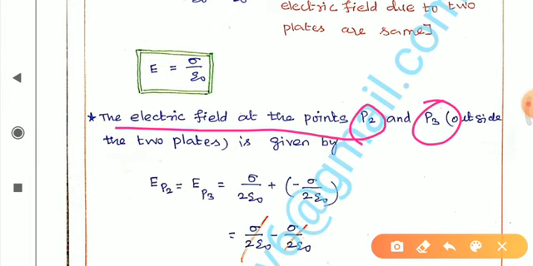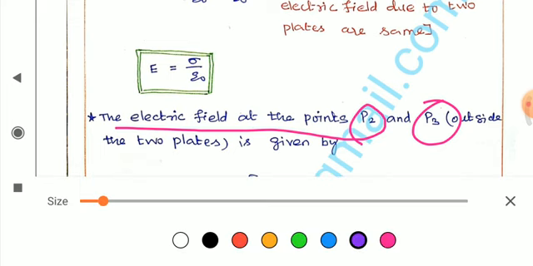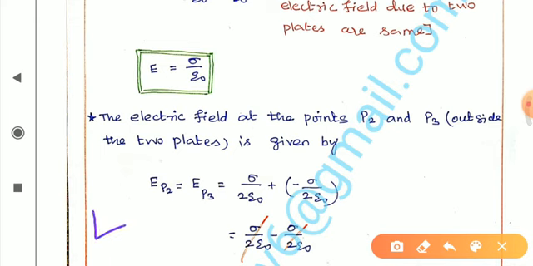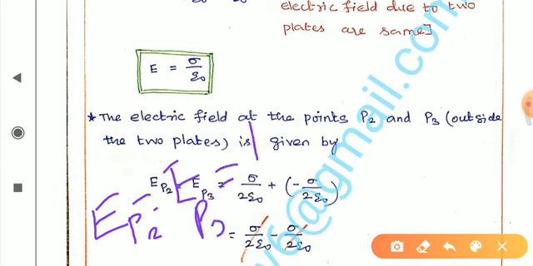It is given by E at P2 is equal to E at P3 is equal to sigma by 2 epsilon naught plus or minus sigma by 2 epsilon naught. Otherwise, we can write one more step here, that is nothing but E at P1. We can write E at the point P2 is equal to E at the point P3 is equal to E1 plus or minus E2.